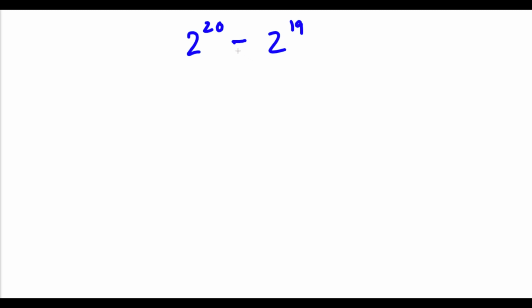Now to solve this problem, I'm first going to rewrite 2 to the power of 20 as 2 to the power of 19 plus 1. So now I have 2 to the power of 19 plus 1 minus 2 to the power of 19.